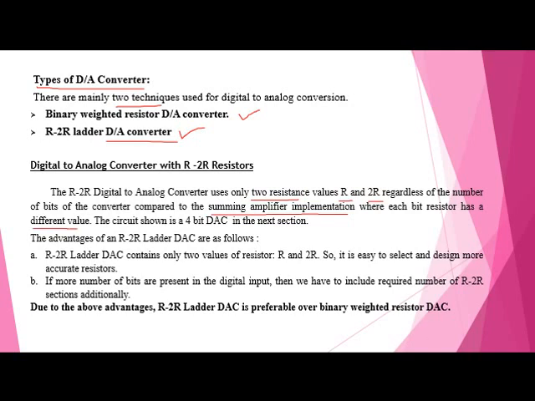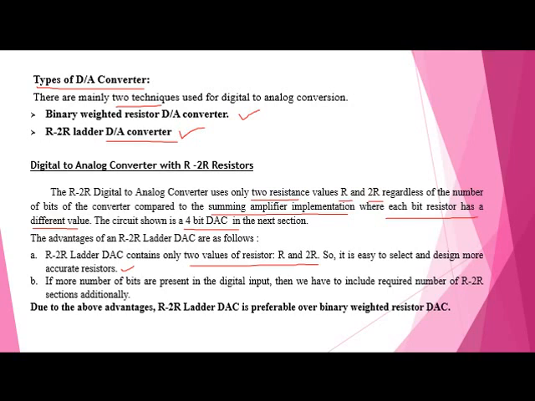This circuit is shown in the next slide, the 4-bit DAC, in the next section. The advantage of this R to 2R ladder is that only two values of resistor are used, so it is easy to design, easy to select, and the resistor values can be more accurate.